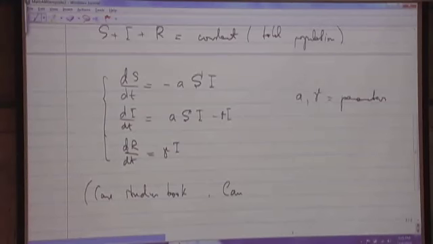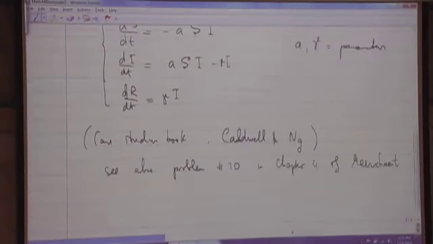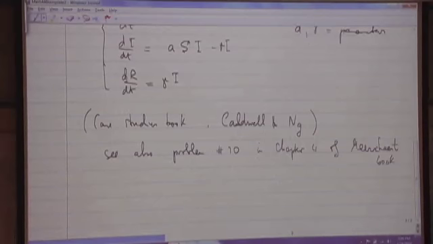So also see problem number 10 in our book. Okay? So it talks about the same model. Okay. So let me move to discrete systems and just tell you what the differences are.